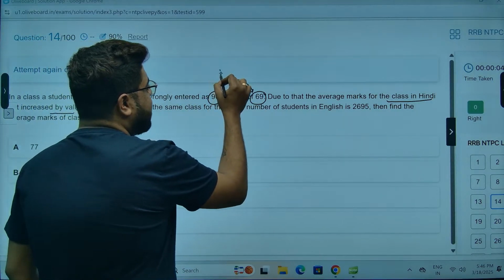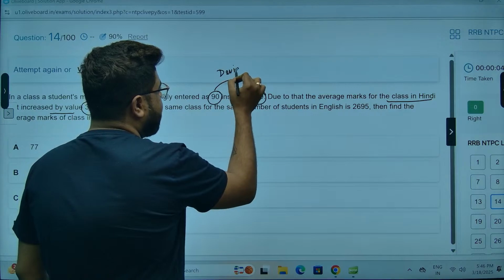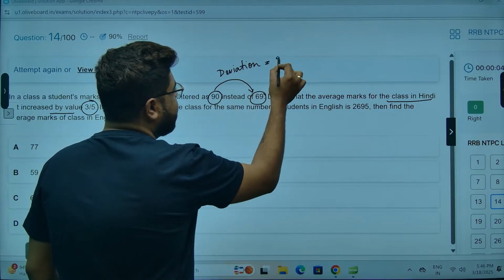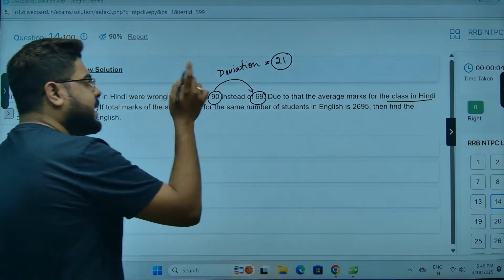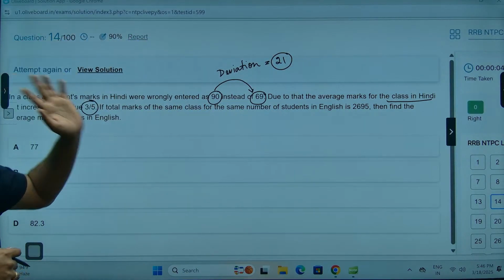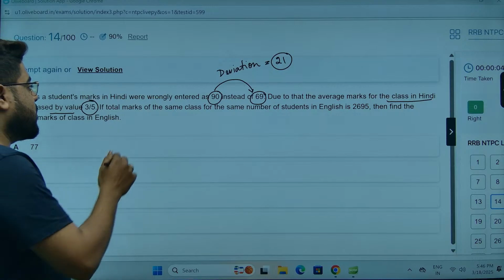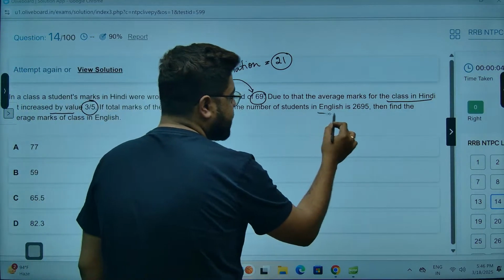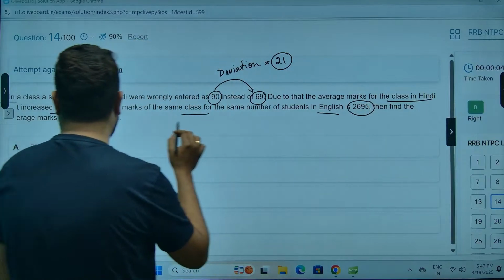The error, or the deviation, whatever you like to call it, is how much? It is 21, 90 instead of 69. So for that reason, the average increased by this. If total marks for the same class in English was this, then find the average in English.